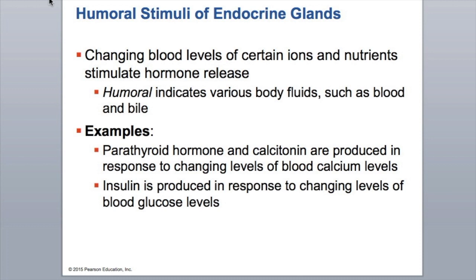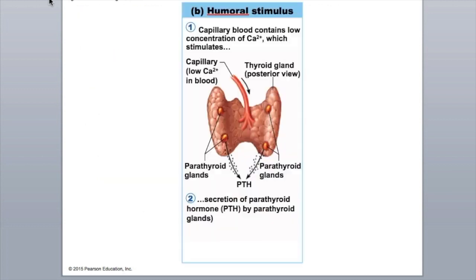Your example is the one I just gave earlier with your parathyroid hormone and your calcitonin being released in response to changing blood calcium levels. Insulin is another example of this. Here's your picture. You've got your capillary blood. Calcium concentration stimulates the parathyroid to decrease the calcium concentration within the blood.